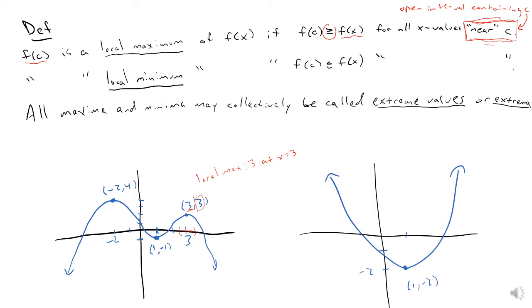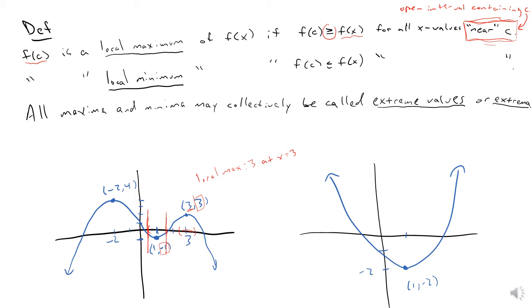So if I draw some open interval, say containing the x value 1, and just kind of zoom in on the graph and focus on that piece of the graph, then within that region I do have a low point. The low point, or the lowest y value in that region, is -1.